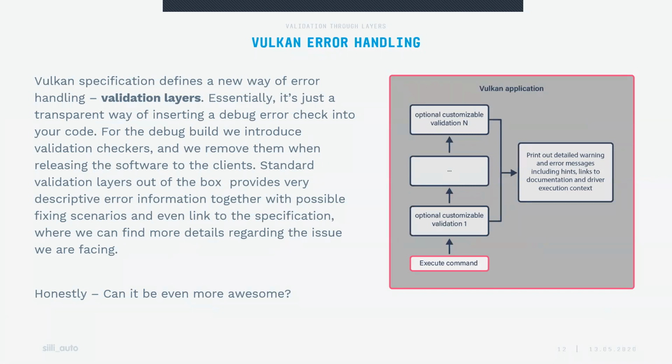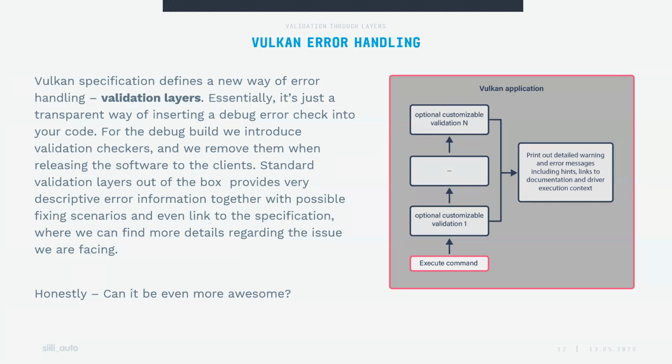Validation layers can be turned off or turned on during application initialization. The way you work with it, you just use the validation layers you're getting out of the box by using the Vulkan SDK.